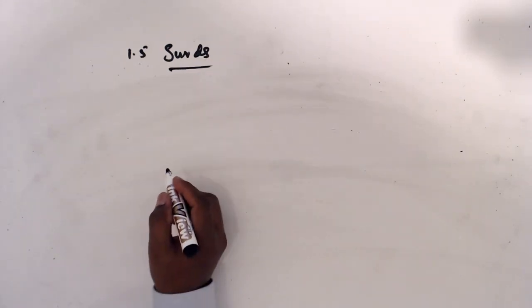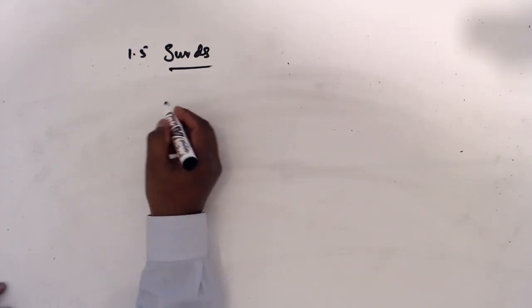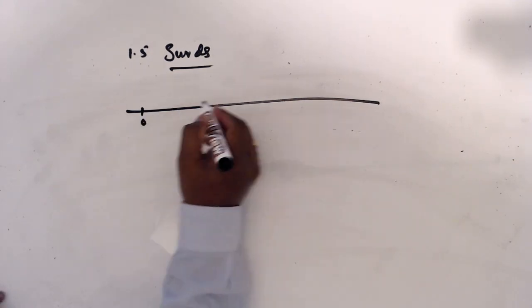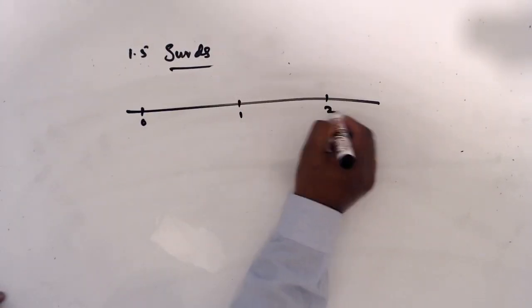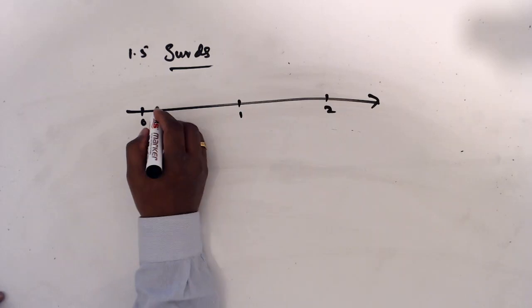Let's discuss sets. Let's consider the number line 0, 1, 2, and so on. I'll consider three types of numbers basically.